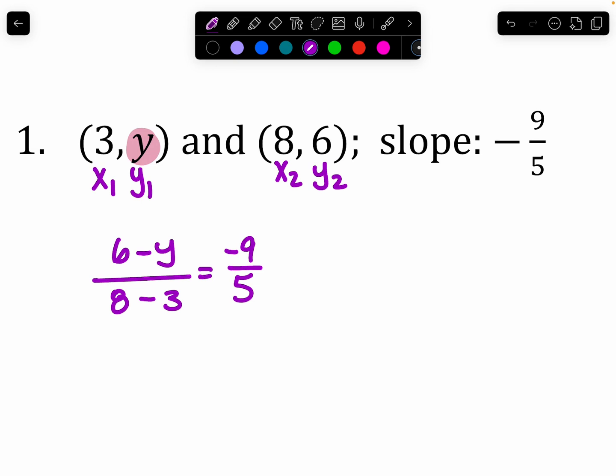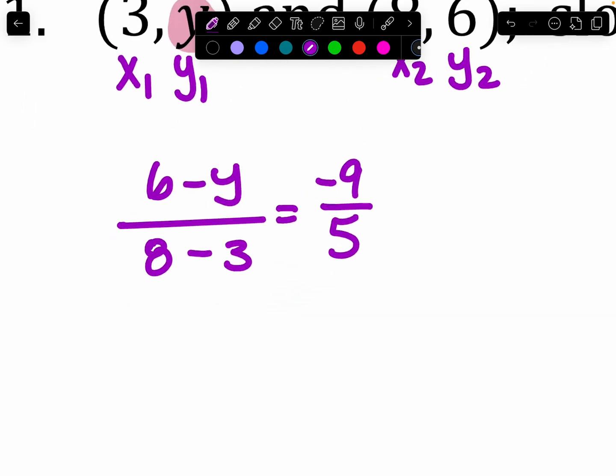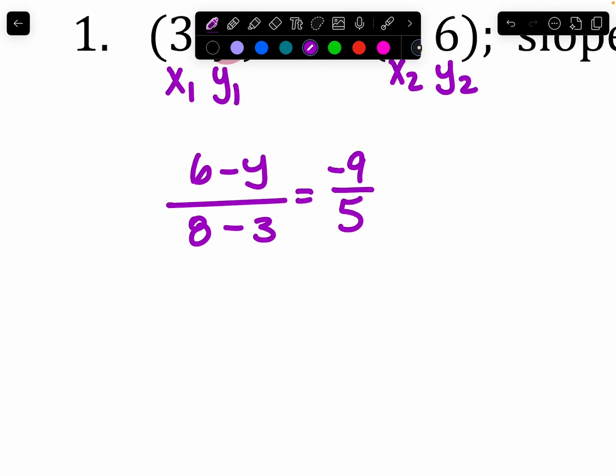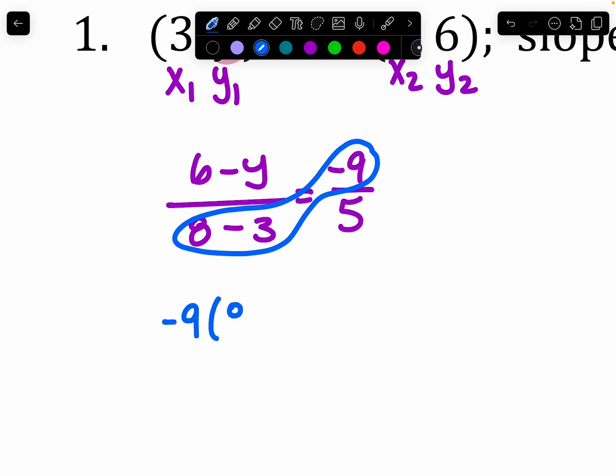Now that I have this equation set up, what I have to do is something called cross multiplying. You did this in middle school, the butterfly method, if you don't remember what that is. Cross multiplication is when you have a ratio on one side of your equal sign and a fraction on the other side, you can multiply across that equal sign. You multiply the numerator of one fraction by the denominator of the other.